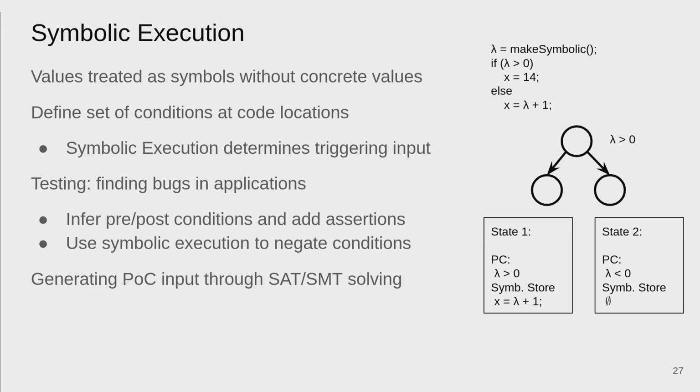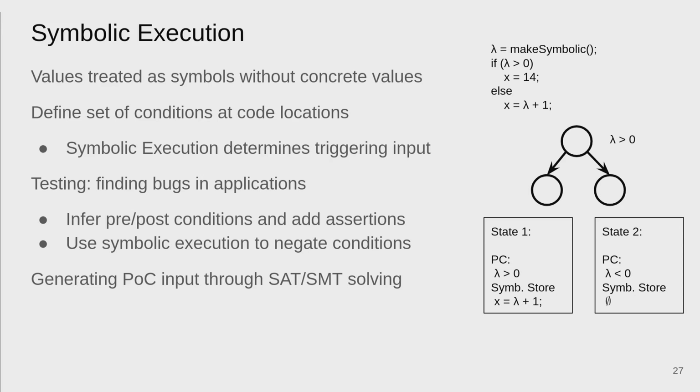Symbolic execution is right in between static analysis and dynamic analysis, or different automation forms, and sometimes it's considered static, sometimes it's considered dynamic. It doesn't actually execute the program, but it analyzes all the possible program states.